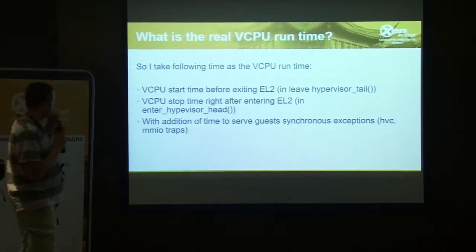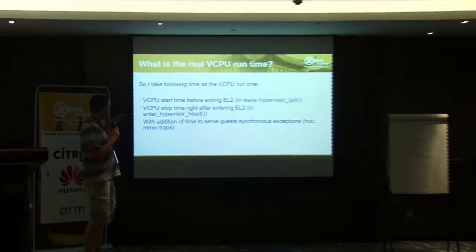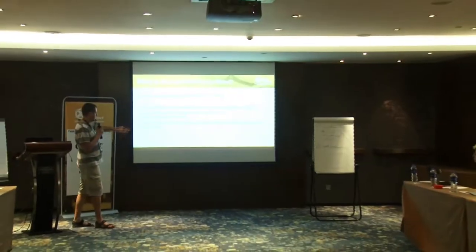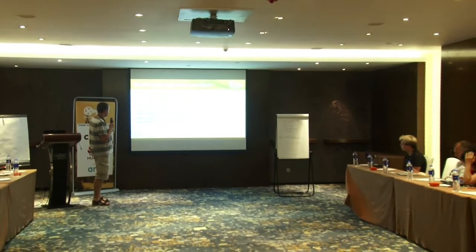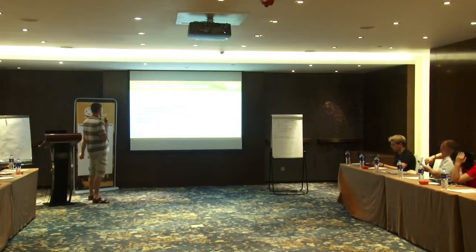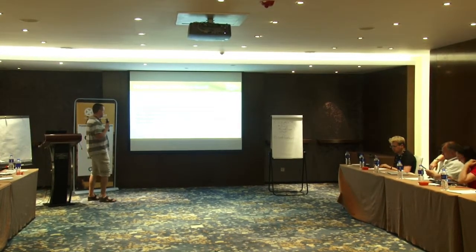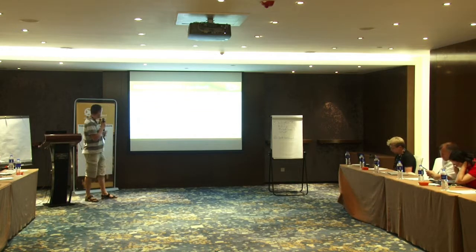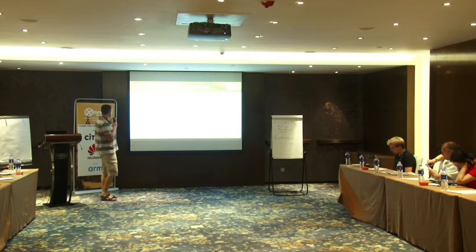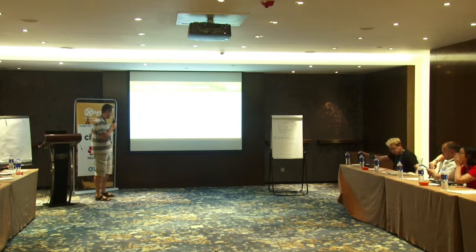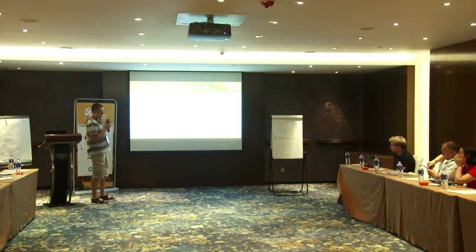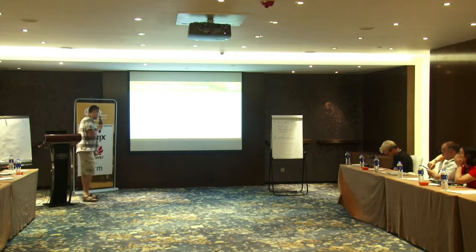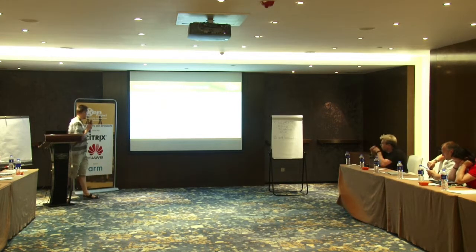But here I put vCPU start in leave hypervisor tail, just before return from this function, return to guest, return to yield 1, yield 0, and the vCPU stop time is taken in enter hypervisor head when we get trapped to yield 2.